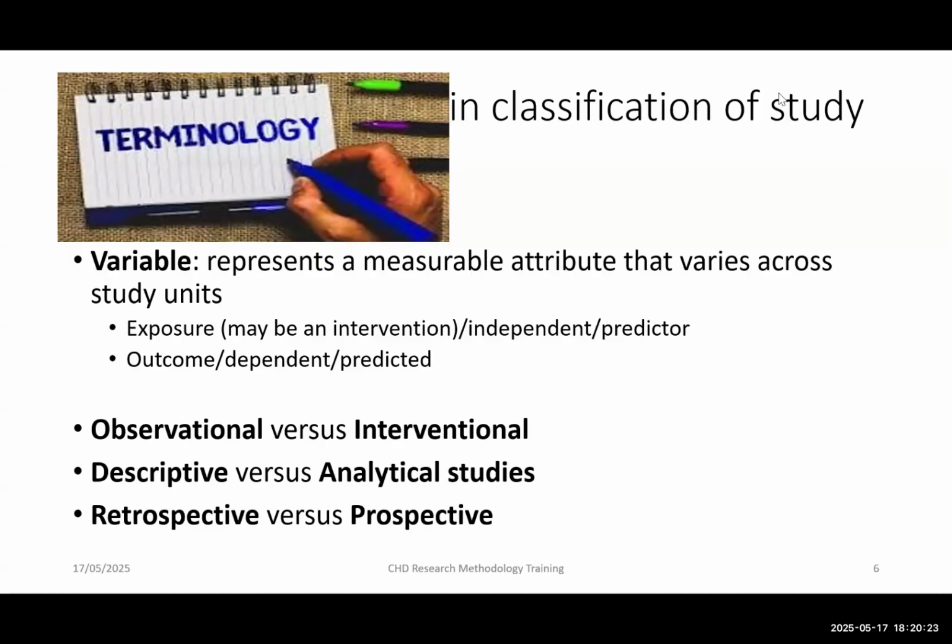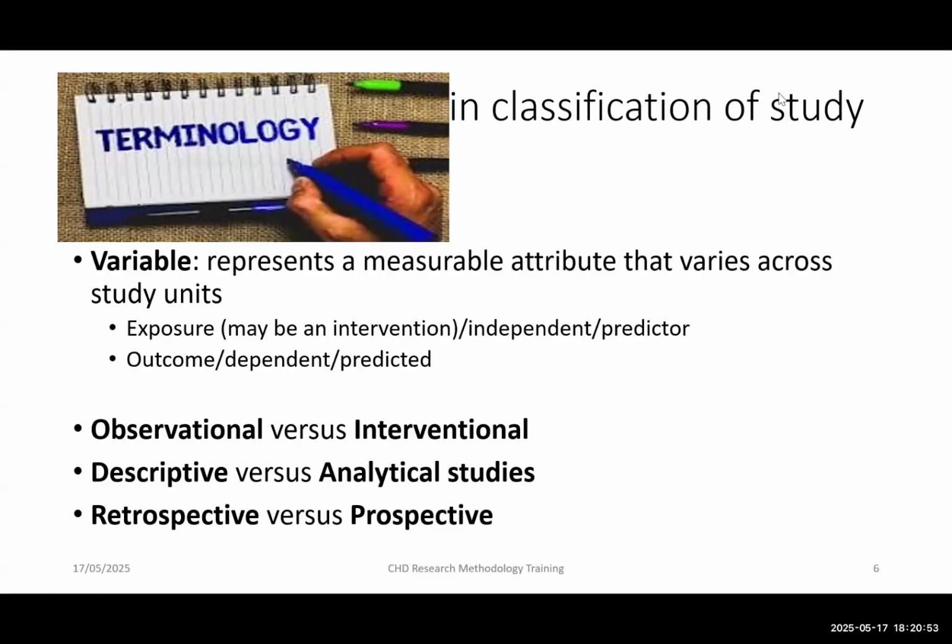Analytical studies, on the other hand, are the studies you use to test a hypothesis that has already been put forward, to establish whether there's a causal relationship between variables. They can be used to check the effect of an exposure or intervention on an outcome. So an analytical study is used to test your hypothesis.